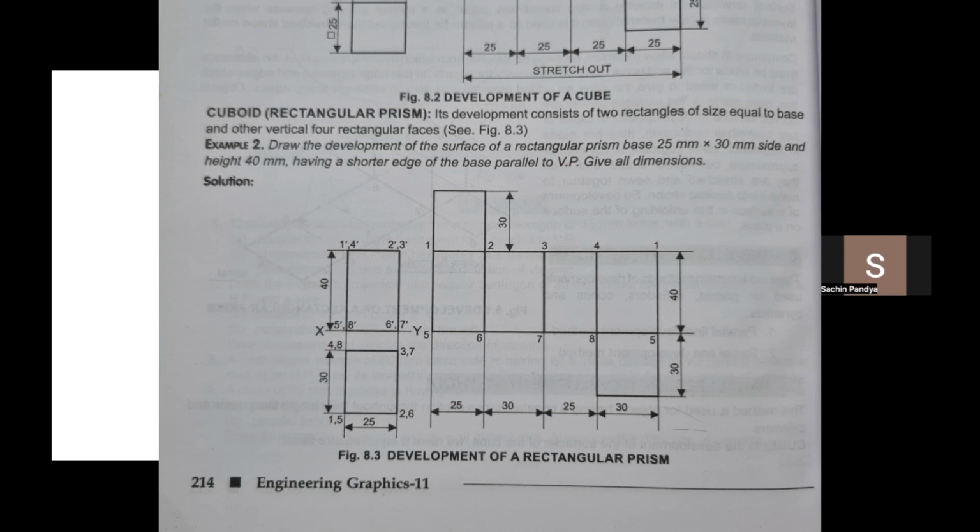So the next sum is: draw the development of a rectangular prism. It's not a square prism, it's a rectangular prism of sides 25 mm by 30 mm and height 40 mm, having the shorter edge of base parallel to VP. So it's a rectangular prism.